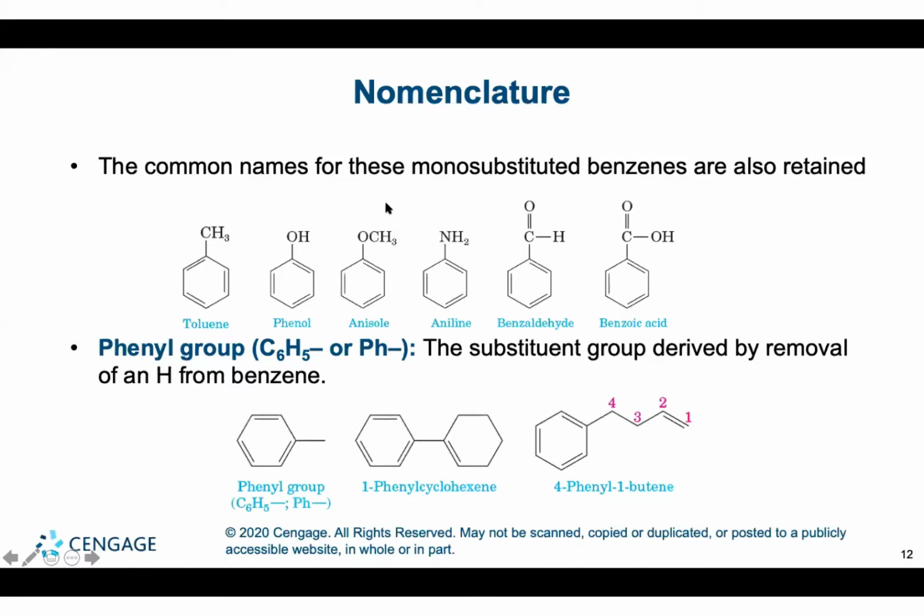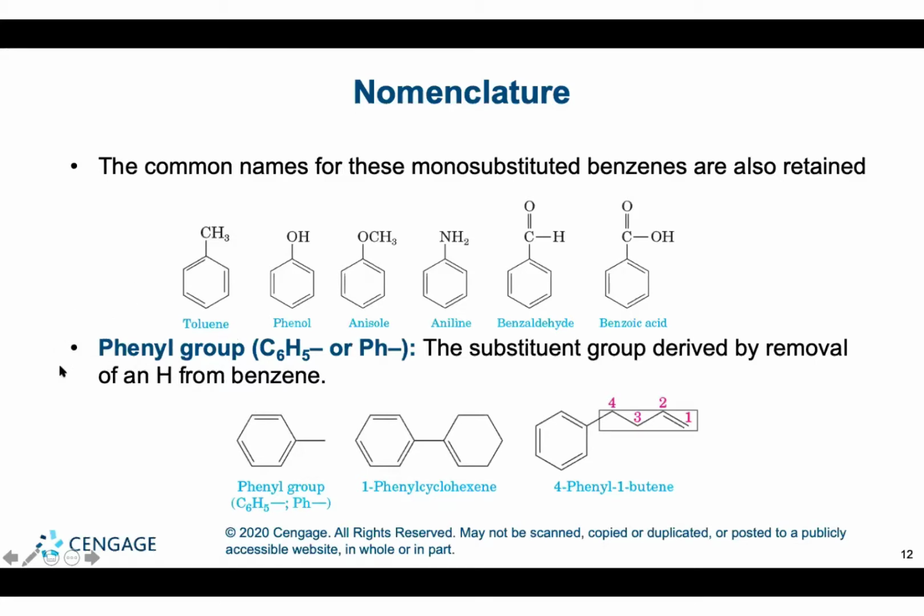Also OCH3 when we have esters, and OH groups when we have alcohols. But for now, I want you to memorize these structures. When you see these attached to benzene groups, these are the root names for them.